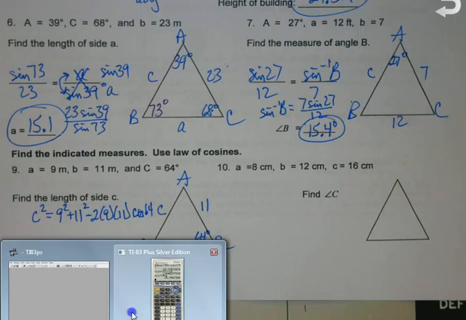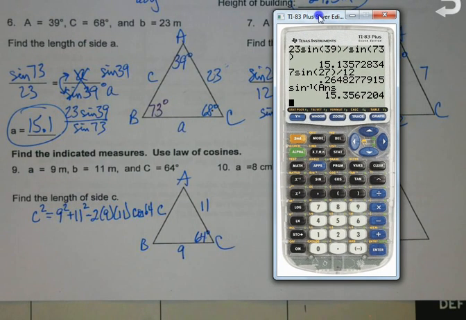And again, unlike the one when I'm looking for the side, I don't have to be too worried about my order as I do this. I'm just basically going to type it in, except I need to make sure I type it in correctly.